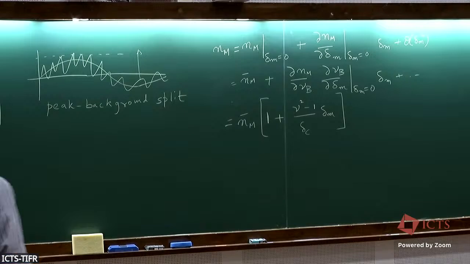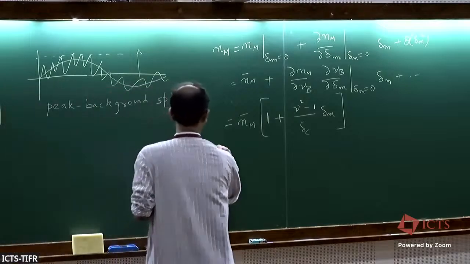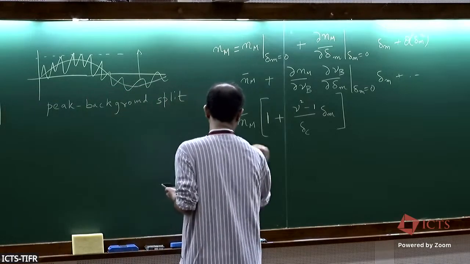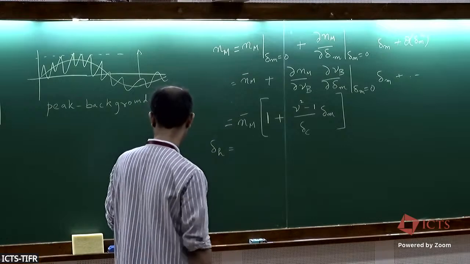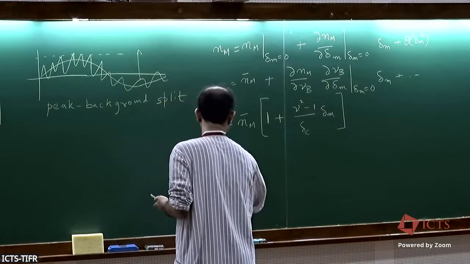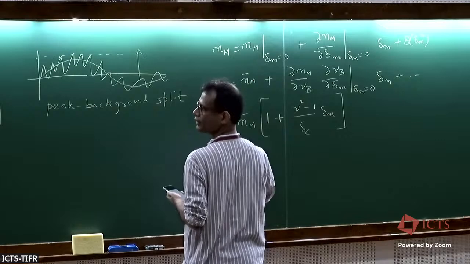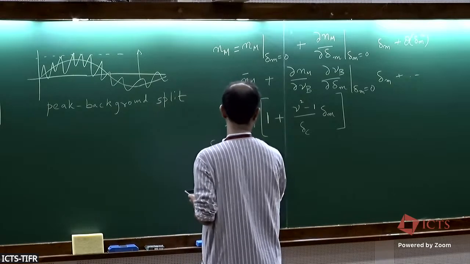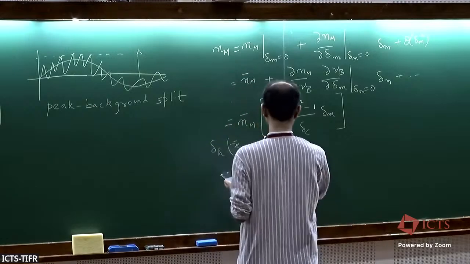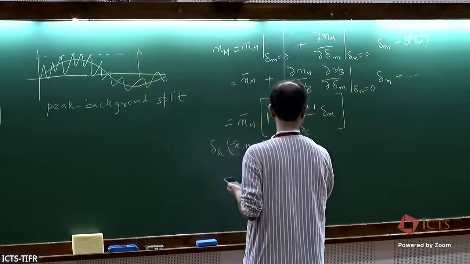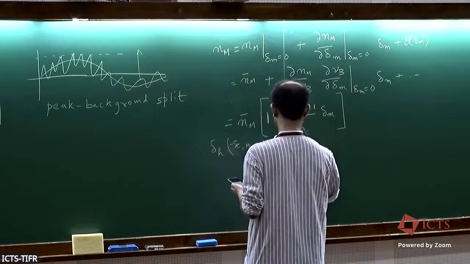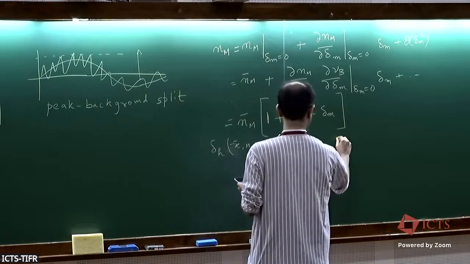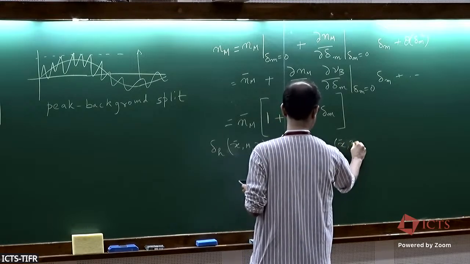So if I now want to write the contrast of halos, let us put those dependencies, x, m, z. It just becomes nu square minus 1 over delta c times delta m, which is also evaluated at x.